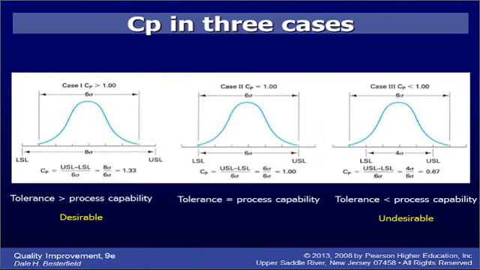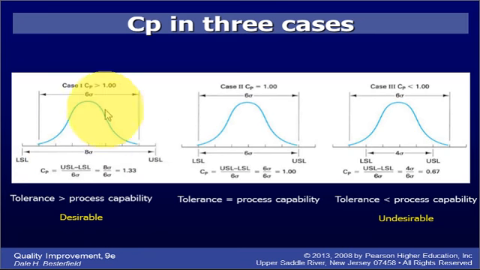We have discussed three cases comparing the tolerance and the process capability in our last class. Now we can relate this Cp value directly to these three cases. So in case 1, the tolerance is greater than the process capability.